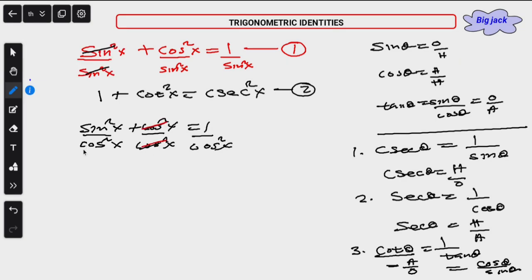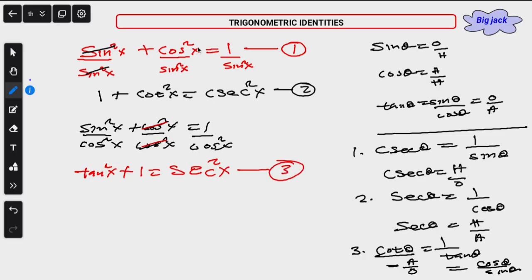Sine over cos is tan, so we are going to have tan squared x, then plus 1, and this is going to be equal to 1 over cos, which is what? 1 over cos is secant. So it's going to be secant squared x. So this is the third identity that you need to know.